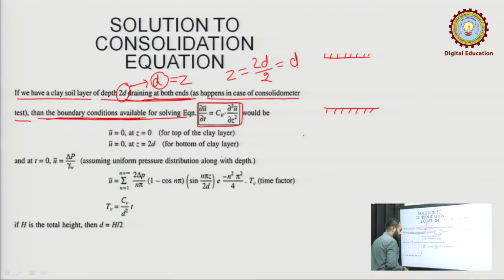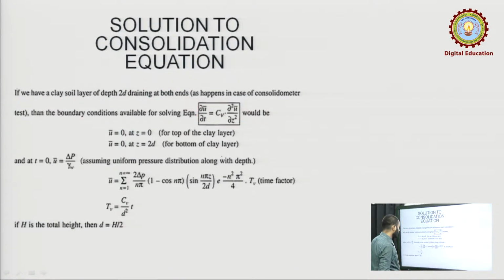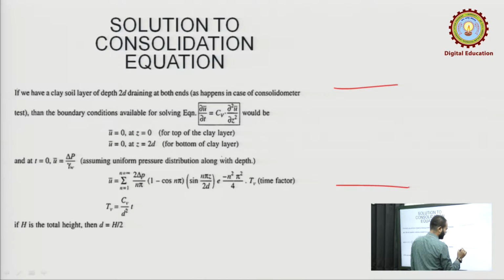You know about the boundary condition. If this is the layer, the drainage is here also. Let us say here was sand, where drainage can be made. Here also it was sand, and this may be clay. These are sands only.